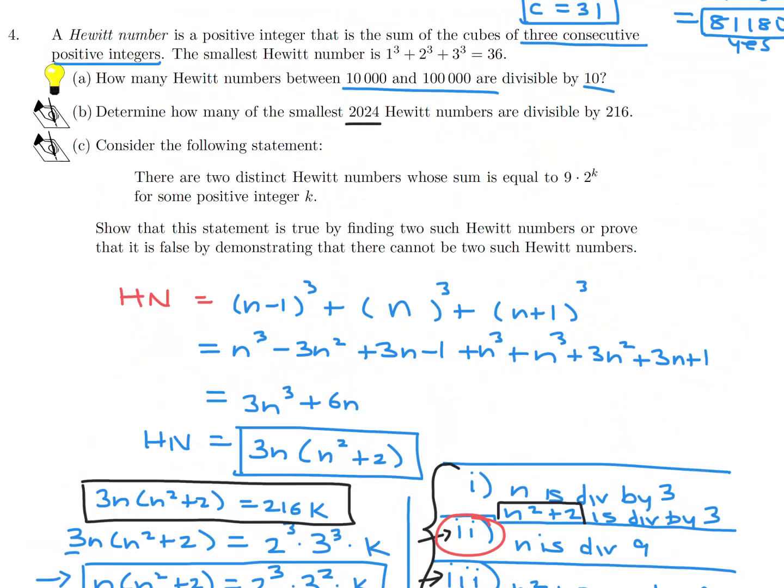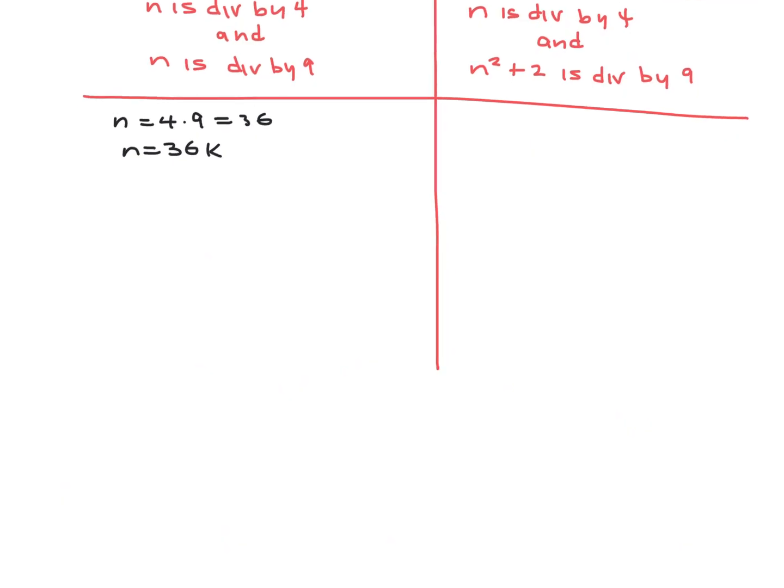The first 2024 Hewitt numbers. So remember, our integers were n minus 1, n, and n plus 1. The very first one would be when n is 2, correct?